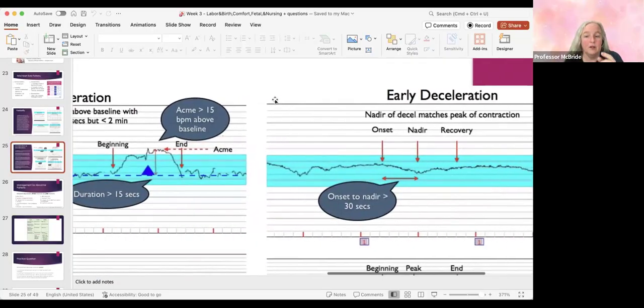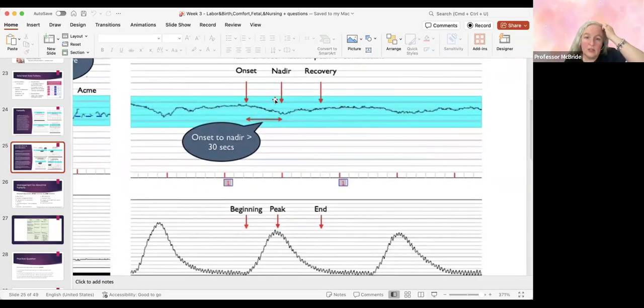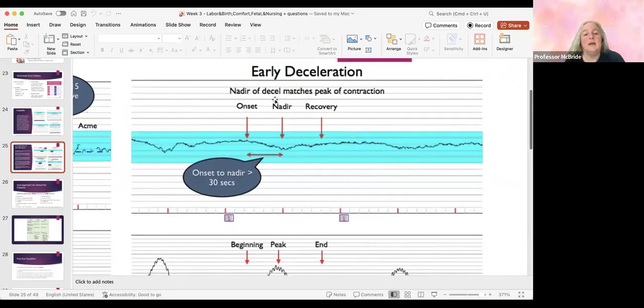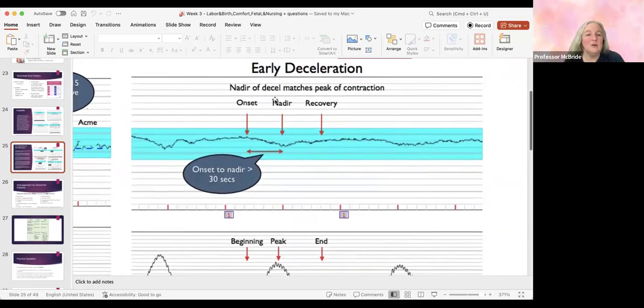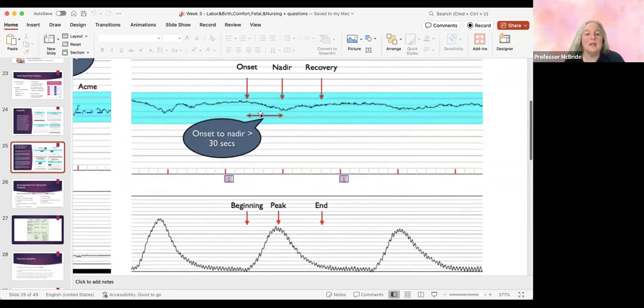Next, let's look at early. Early, here it is. Early is a little misleading with the name early because it's not really early, it's actually on time. It happens at the same time that the contraction happens. So here's a contraction, and here's the deceleration, and by the time we get back to the baseline, we're at the end of the contraction.